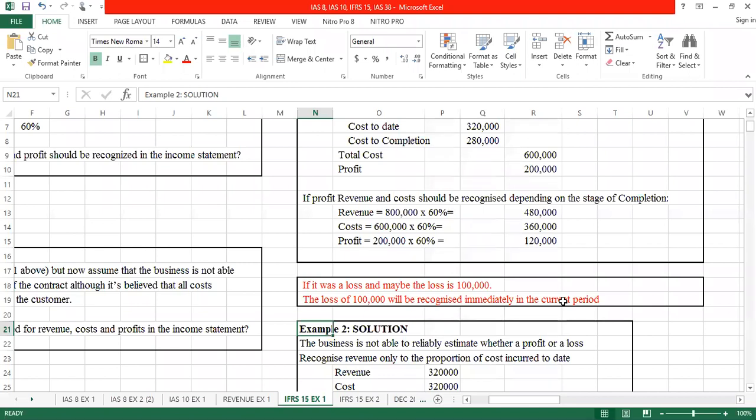If the outcome can be measured reliably and you know it is a profit, you recognize according to the percentage of completion. If you know it is a loss, the entire loss will be recognized immediately. If you are not sure whether the outcome will be a profit or a loss, the revenue to be recognized is equivalent to the costs that have been incurred. Okay.